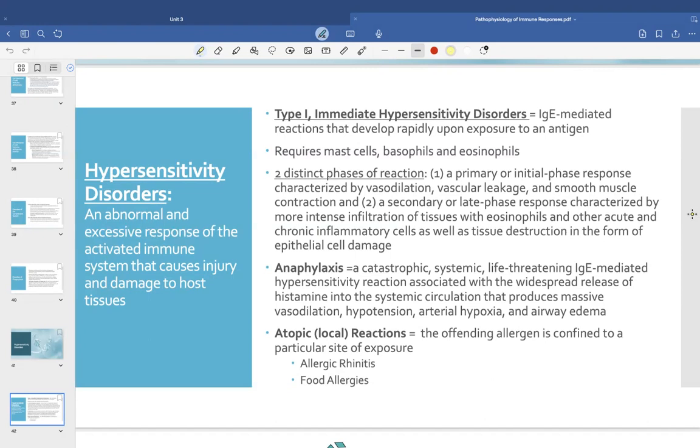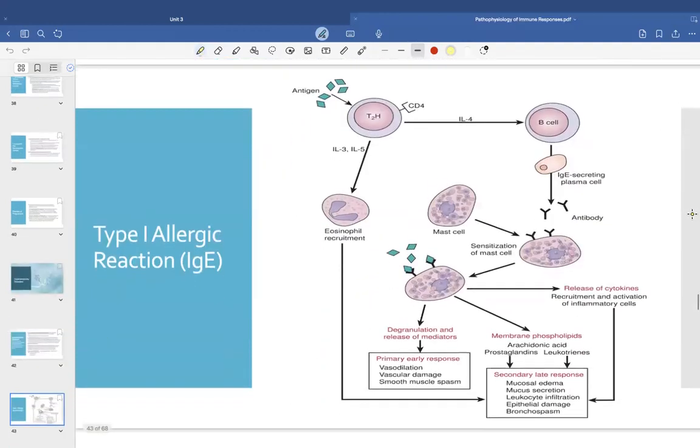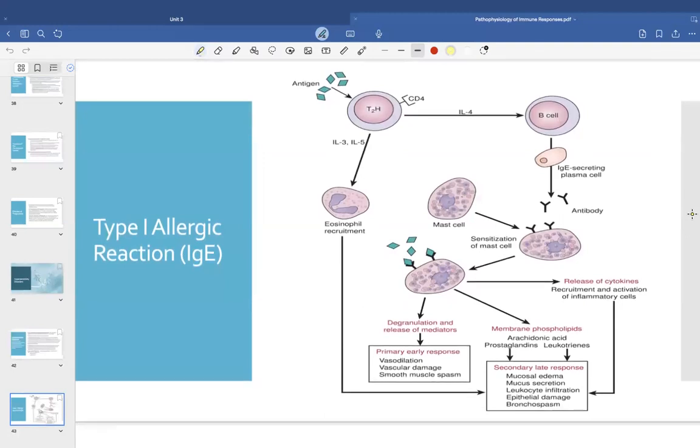This just shows you the different components of your type 1 reaction. It starts with your antigen and looking at your T helper cell, which is going to release some interleukins: 3 and 5, as well as 4. 3 and 5 are going to stimulate your eosinophils and recruit them to the area.